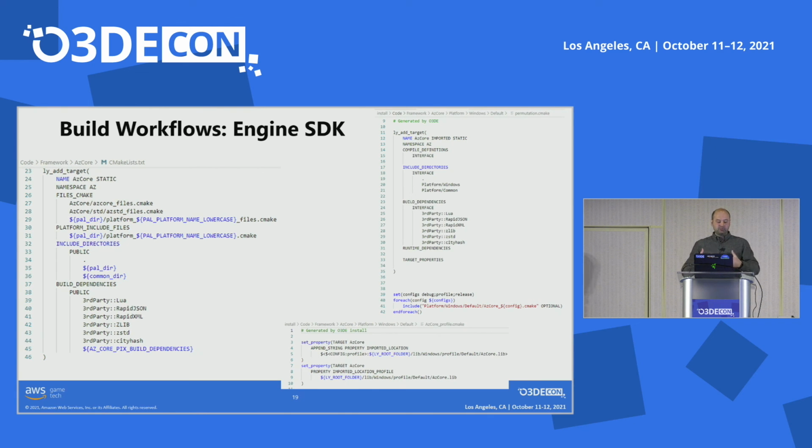So from an outside CMake point of view, looking at the engine source or looking at the pre-built SDK, it's the same. You're seeing a target with certain properties on both sides. The only difference is that internally that target represents either building or just importing that library as a target.